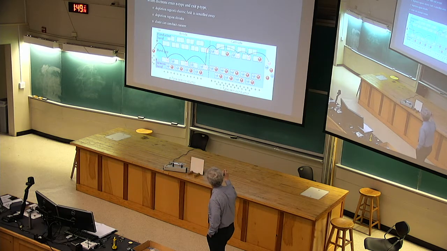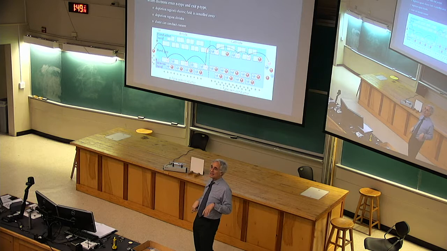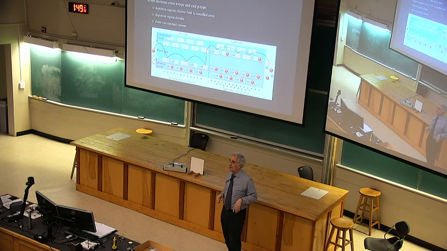You can get charges to flow across this system in one direction. You have to push the electrons in from the n-type semiconductor side and take them out of the p-type semiconductor side. That allows them to migrate across the junction again. You're undoing the electric field that built up that tried to stop them.